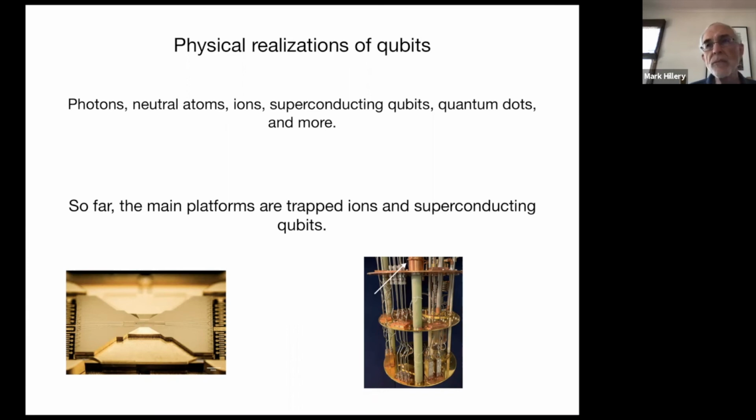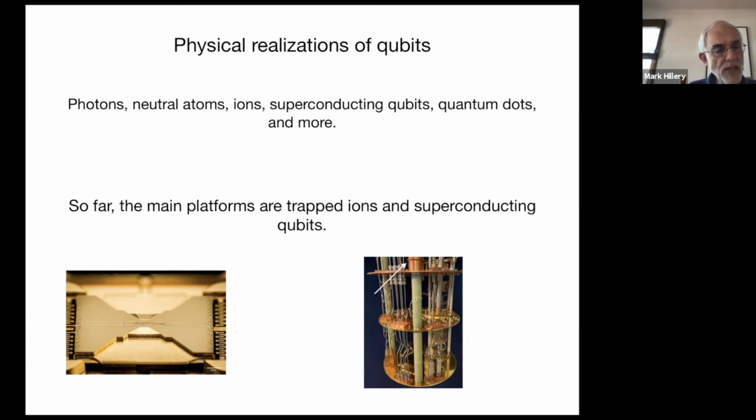The trapped ion qubits, the main company there is actually a startup. It's called IonQ, and it was formed by a guy by the name of Chris Monroe, who was until very recently at the University of Maryland. And he now has taken his whole operation and moved it down to Duke University in North Carolina.